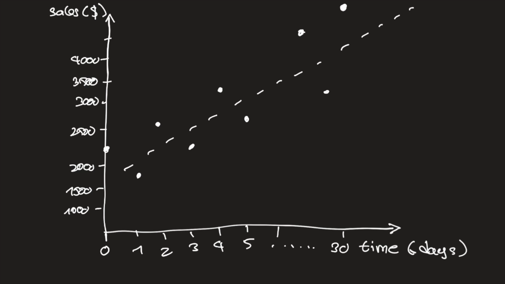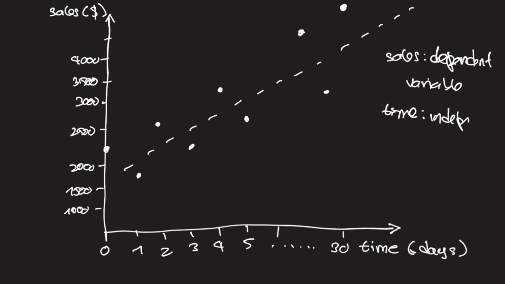And again, to recall, sales in this case is going to be the dependent variable because it depends on time after the campaign. So time is going to be the independent variable, right? So this is what we defined in the last video.